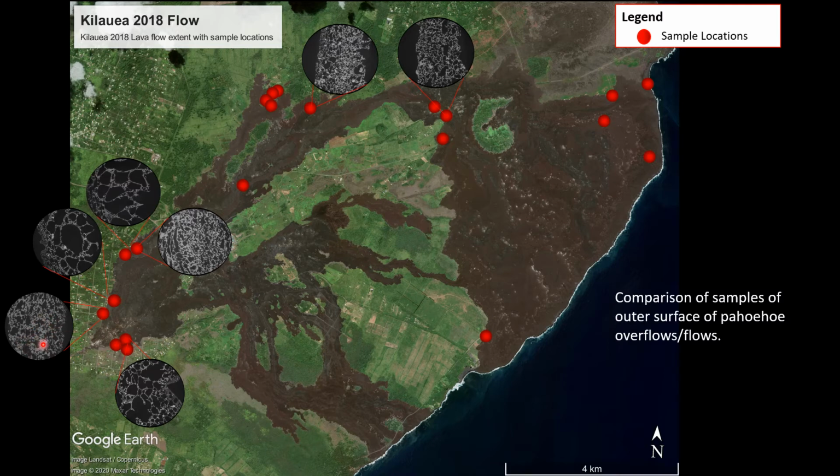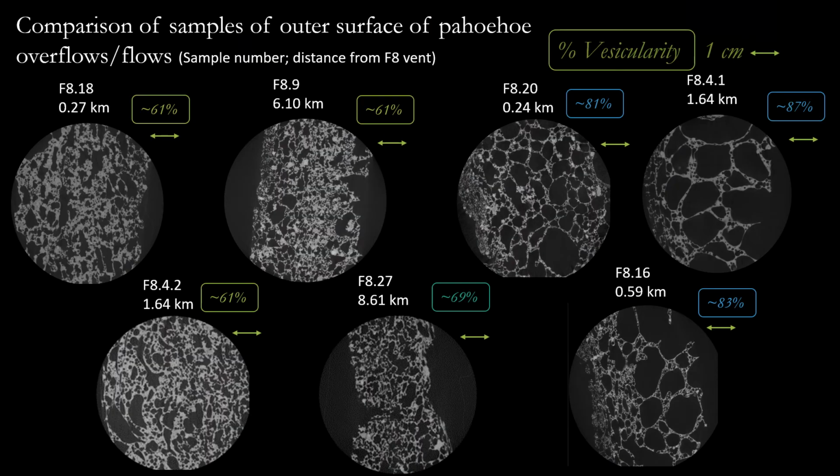You've got these more dense samples right close to the vent, and even some frothier samples further from the vent. So if you cluster these samples by vesicularity, then you can see that there's no real linear relationship with distance from the vent. These are all roughly 60% vesiculation, and they are anywhere from 1/4 of a kilometer to 6 kilometers from the vent.